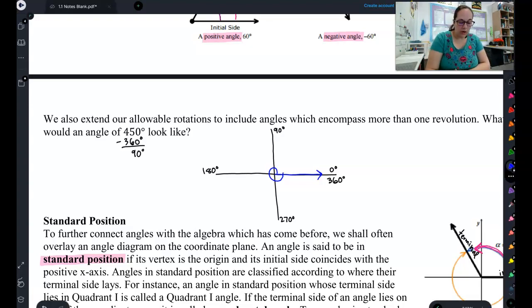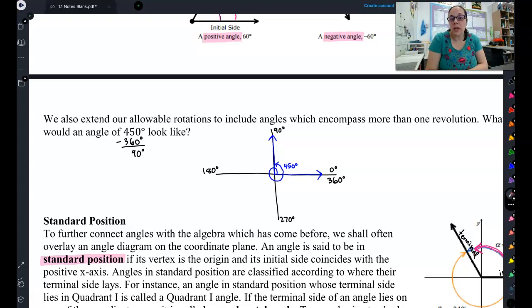So I go 90 degrees more, and that is my terminal side. So 450 degrees is going all the way around the circle plus another right angle to get me to there. And we can do that for angles of any degree measure now. You just keep going around your circle until you end up where you need to end up.